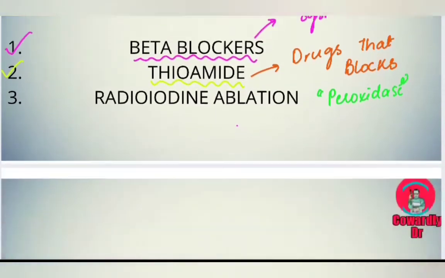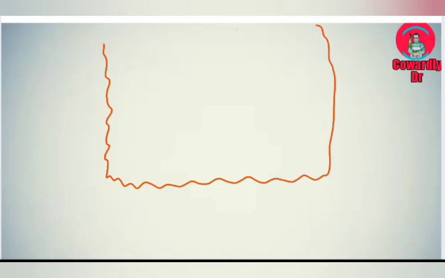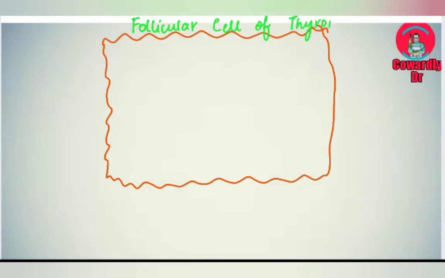So let us recall some basic concepts. For example, let us consider this is a follicular cell of the thyroid. This follicular cell of the thyroid will take in tyrosine. This tyrosine is converted to thyroglobulin.